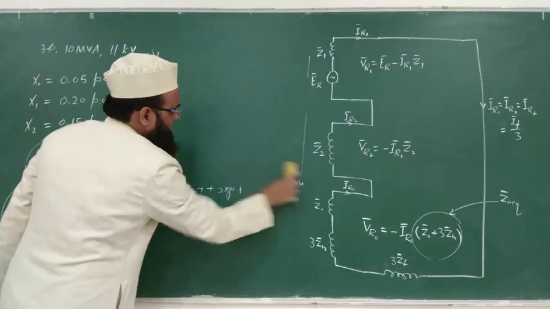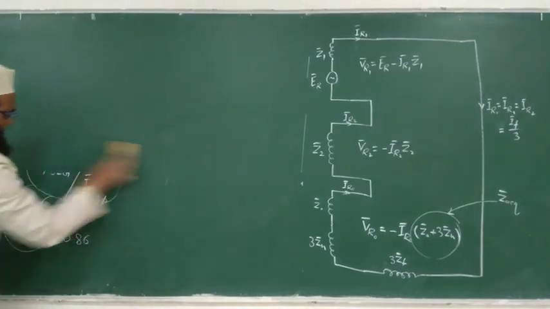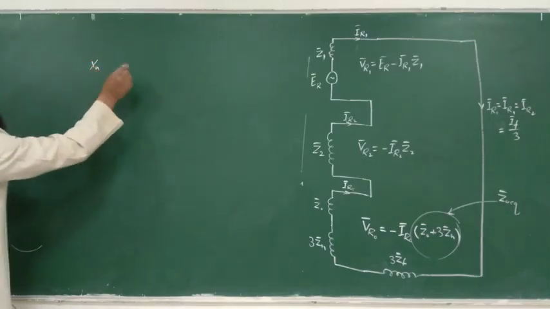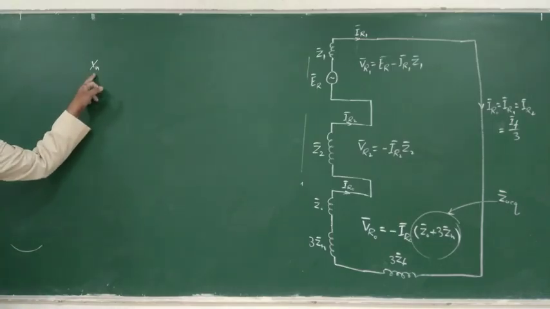Sometimes in exams, it may be asked, find the value of reactance Xn. Say, what is Xn? 0 plus jXn will be equal to Zn. So what is Zn? Reactance connected between neutral and ground.